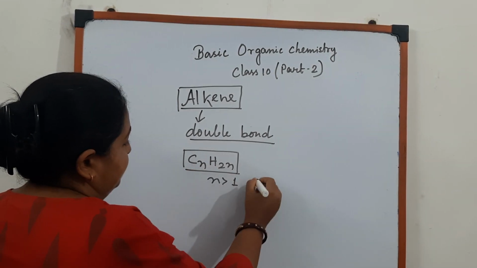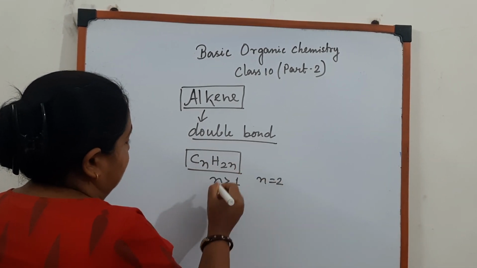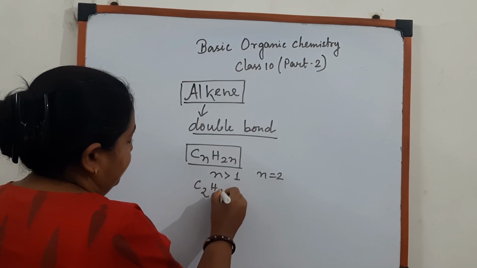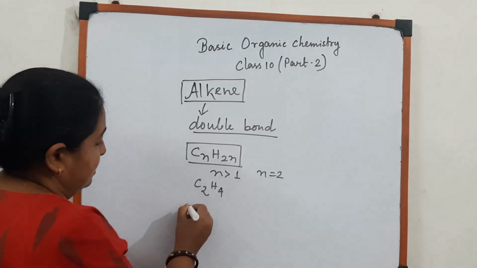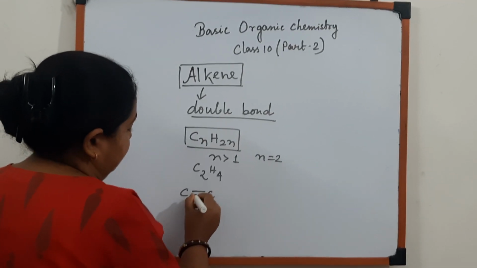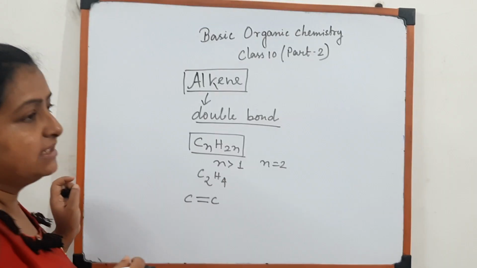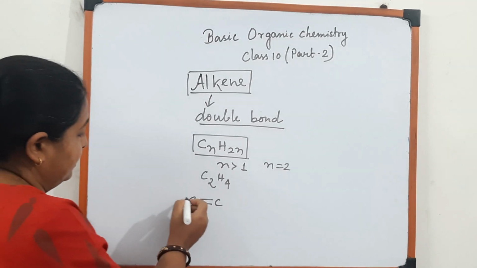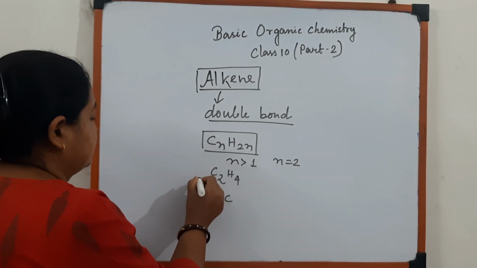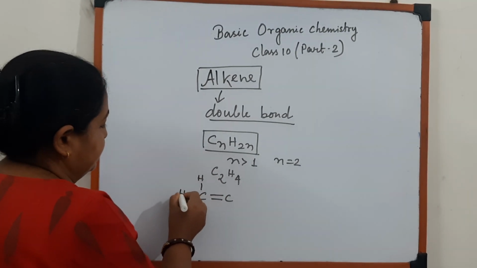Now just see, when n is 2, the molecular formula will be C2H4. What will be the structure? First put the 2 carbon atoms and put 1 double bond between them. We know that carbon has valency 4. Now 2 are occupied and 2 are left, so put 2 hydrogens.